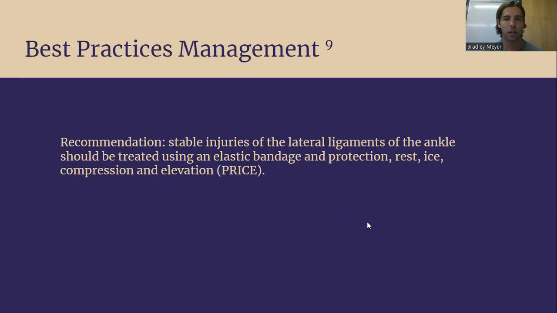This recommendation is in regards to stable ankle injuries. This would be the grade 1 out of the 3 grades from a few slides back. So using PRICE, protection, ice, compression, elevation, early on in managing acute lateral ankle strains, those grade 1, so those stable ankle strains.